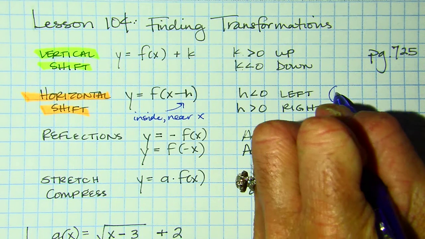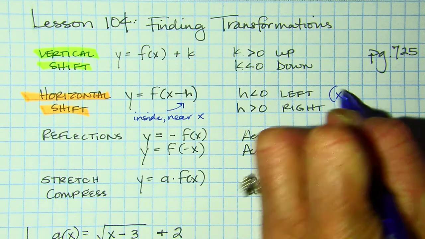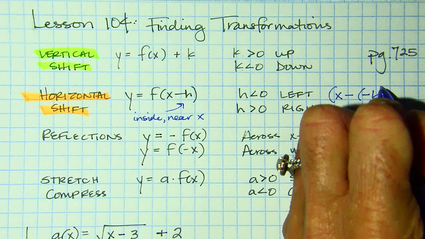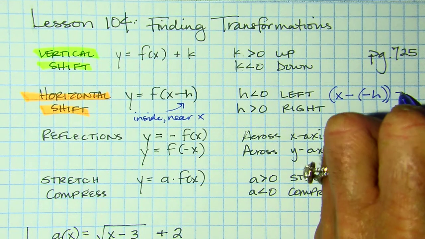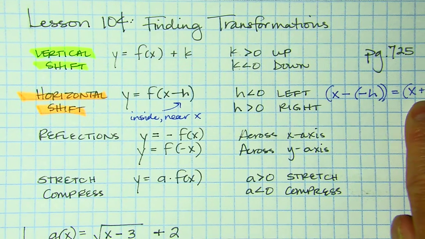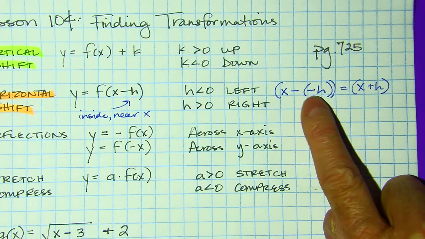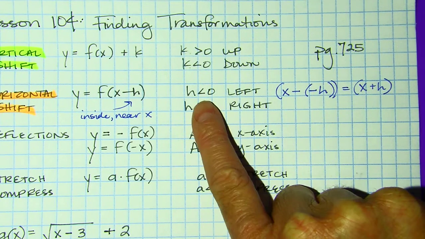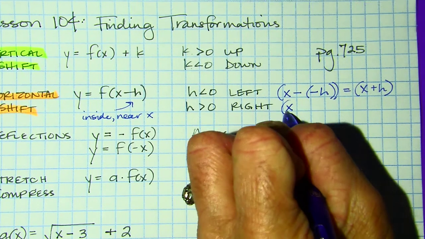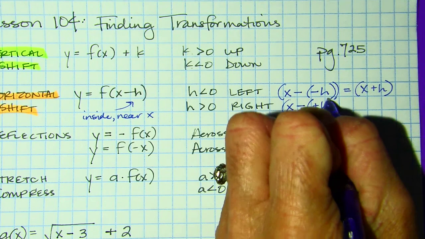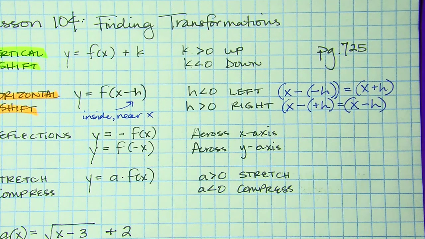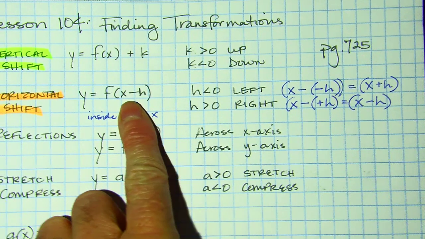If I have x and h is less than 0, the standard form is x minus, and so a negative h would actually make this appear as x plus h. So you might see x plus h, but know that that came from a negative value, and that's why it's shifting to the left. It shifts to the right, because if I plug in a positive h value, I would get x minus h. So you have to consider the standard form it was in.